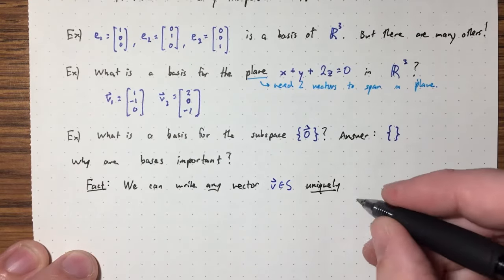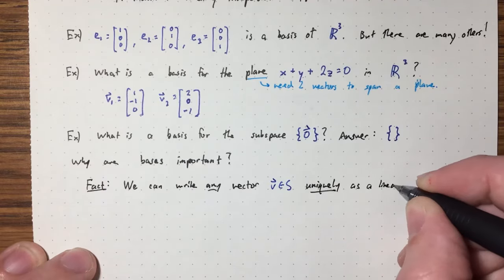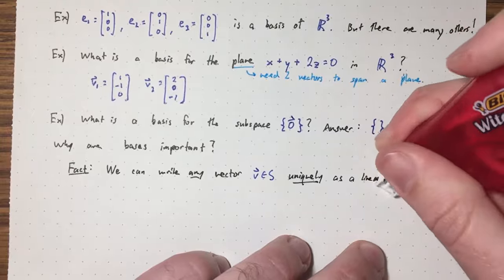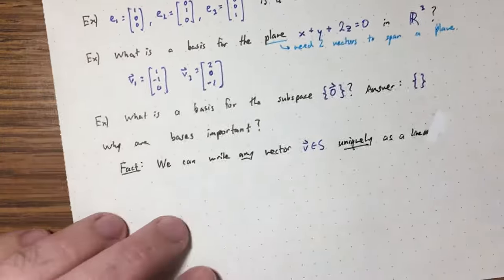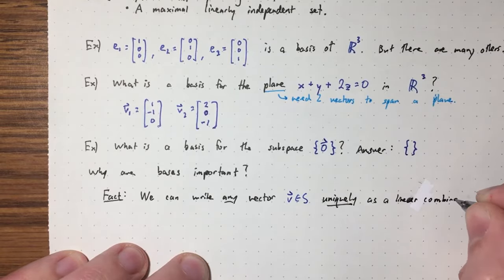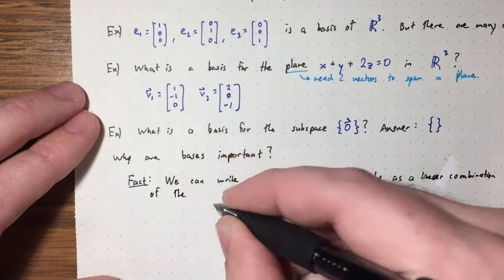Okay, that's huge. As a linear combination. I should always say linear, right? It's a linear combination of the basis elements.